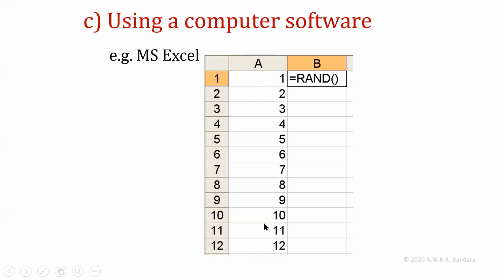In Excel, you have to type the numbers. Then in the second column, you have to type this command with equal sign, that is =RAND() within brackets. Then press enter. Once you press enter, it will automatically generate a random number.